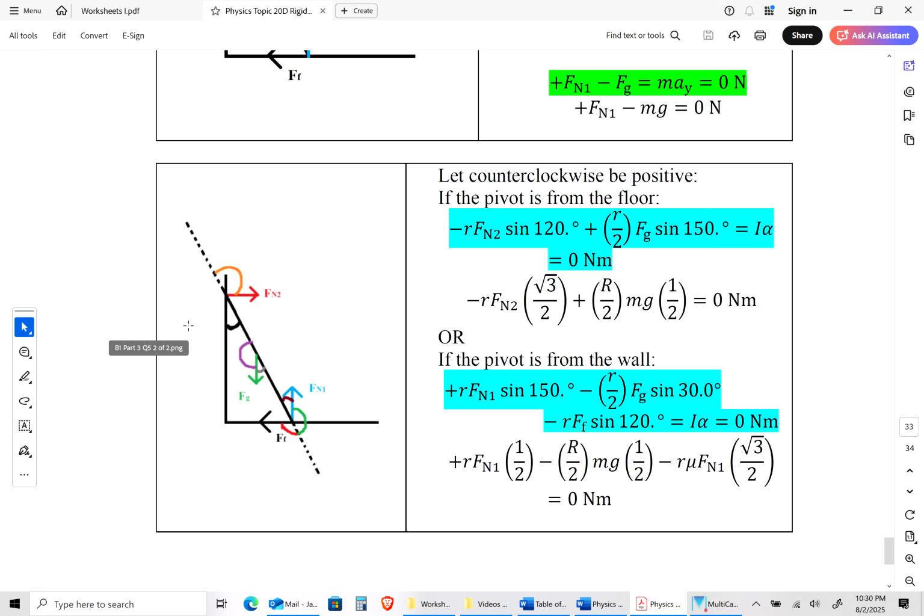We're saying all of the mass of the ladder is just at the center of the ladder. That's R over 2, force of gravity, sine of 30 degrees, that's the sine of this gray part here. You see a small gray part. And that's equal to 0 because we want alpha to be 0. And we could just simplify. So we could use any one of these two blue equations.